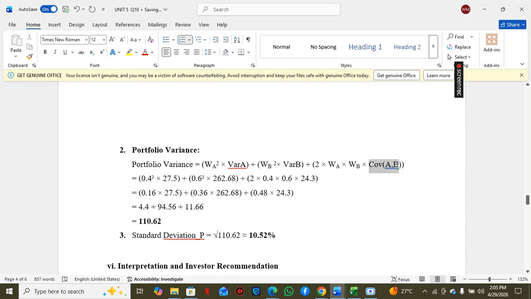The covariance is part of tabulating the portfolio standard deviation or portfolio risk.